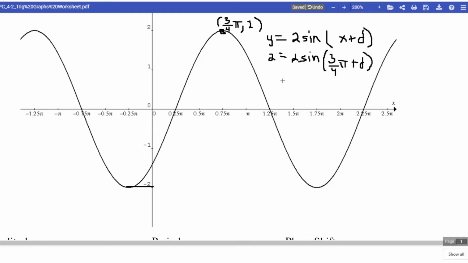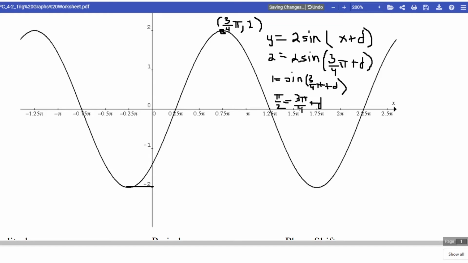Okay, so divide both sides by 2, we get that 1 equals sine of 3/4 pi plus d. Take the inverse sine of both sides, arcsine of both sides. We're going to get that pi over 2 equals 3 pi over 4 plus d.